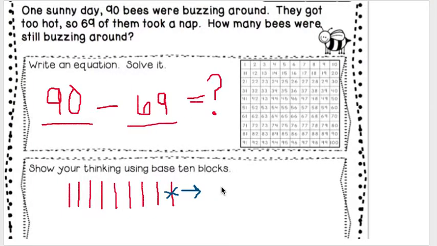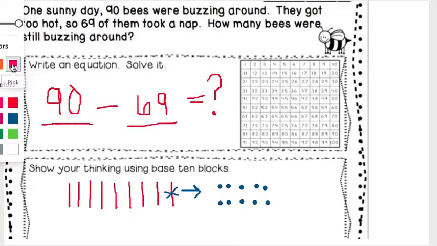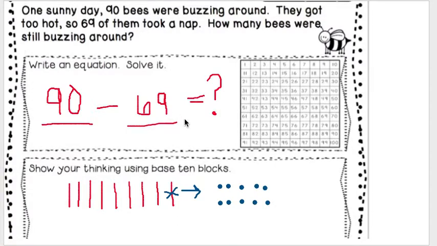So 1, 2, 3, 4, 5, 1, 2, 3, 4, 5. So now we see if we have enough to mark off those 9 ones. And we do.